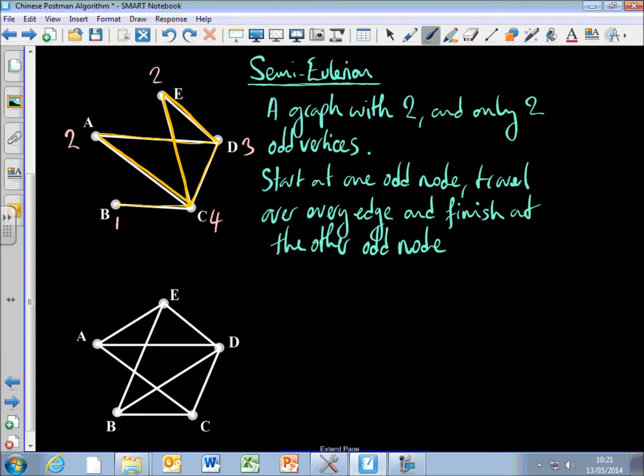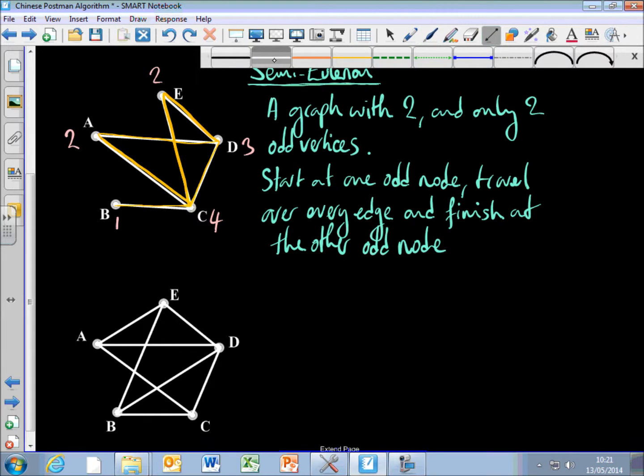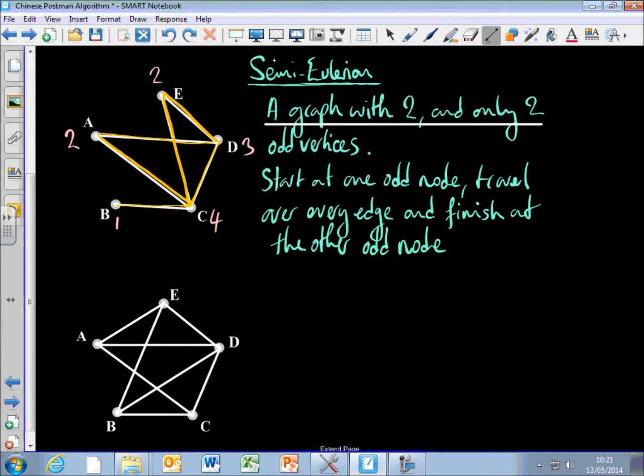And this is because, underline that, that's the most important bit really, a graph with 2 and only 2 odd vertices.